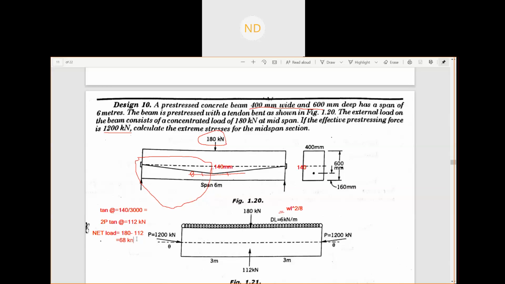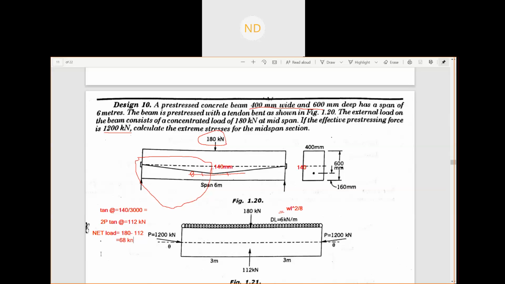After counterbalancing, the load acting on the beam as a point load is 68 kilonewton. So now you know your point load, 68 kilonewton, and your dead load.